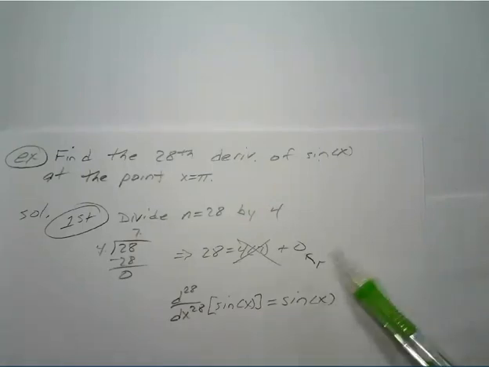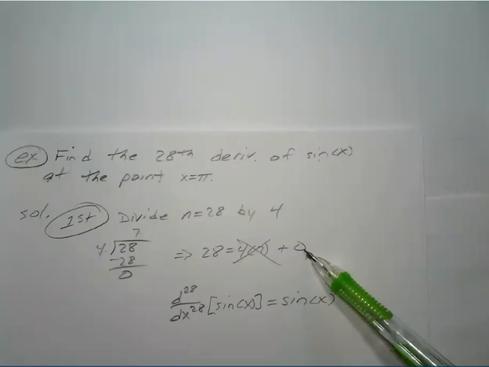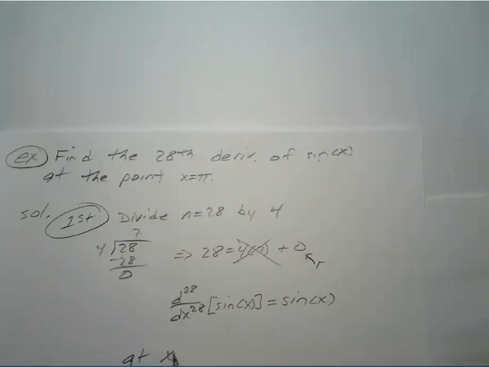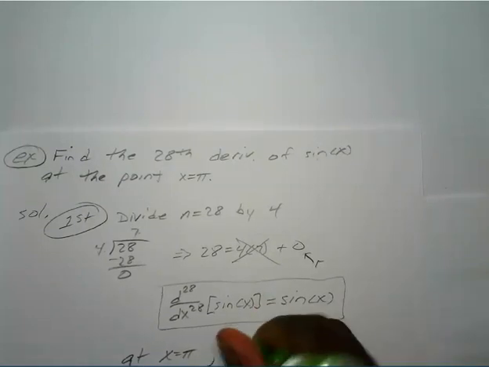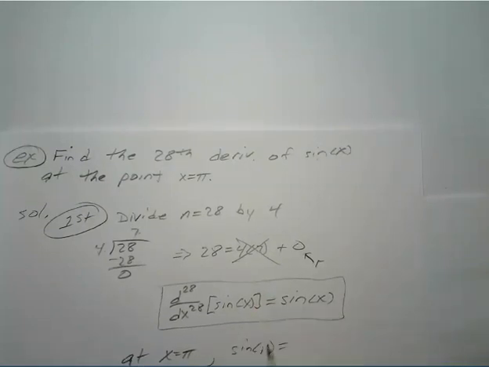But that's only when your remainder is 0. You don't have to do anything else. So at x equals pi, sine of x, which is our 28th derivative, remember you're going to put a little square around that, sine of pi. Sine of pi is going to equal 0.